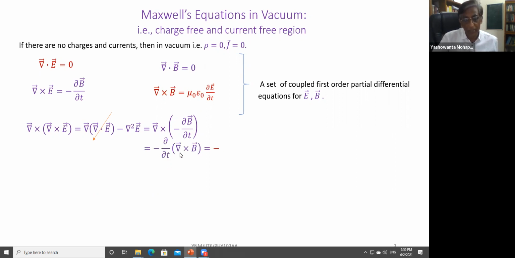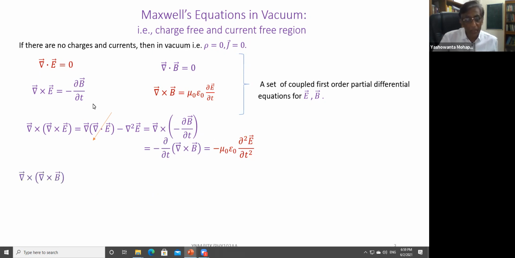So del by del T of del cross B, but del cross B is here, the fourth equation. So I replace del cross B by mu naught epsilon naught del E by del T. And that is del by del T of this. So that is minus mu naught epsilon naught del square E by del T square.